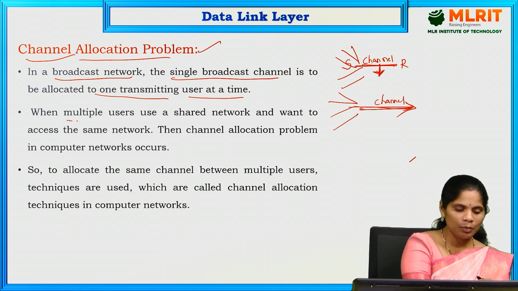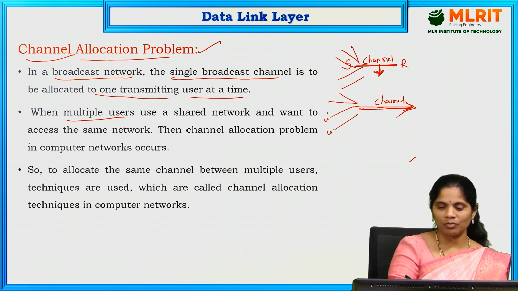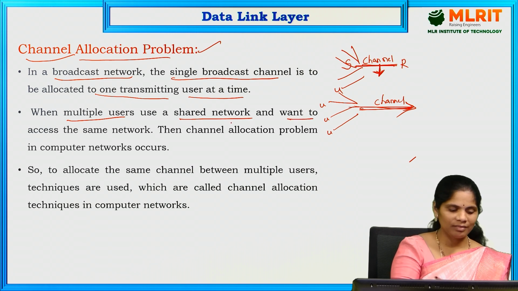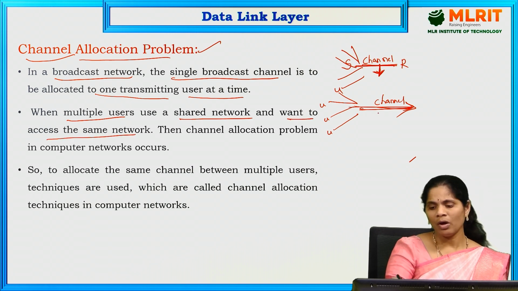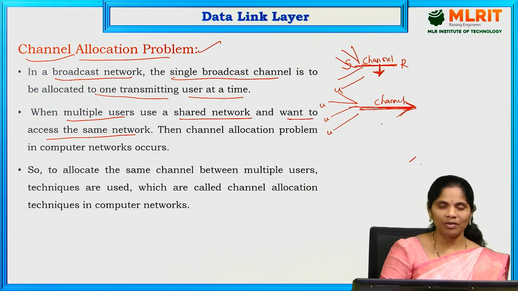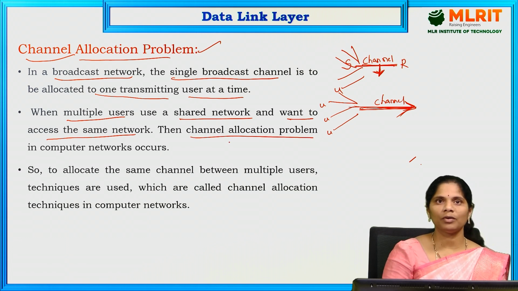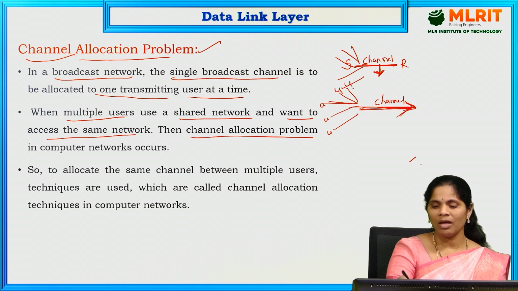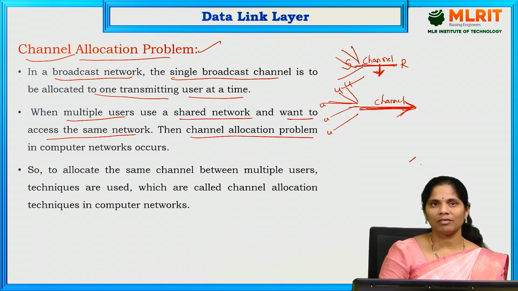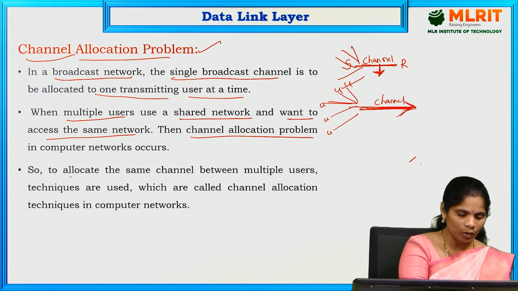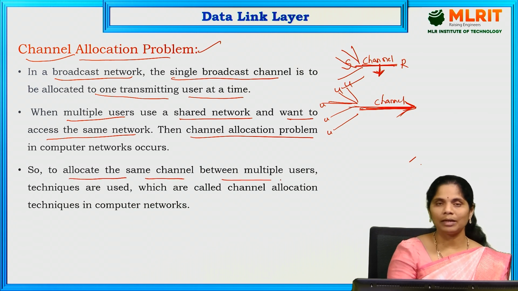When multiple users use a shared network and want to access the same channel for transmitting data, the channel allocation problem occurs in computer networks. That means whenever multiple users want to send data using that particular channel only, the problem arises, so we must allocate the same channel between multiple users.